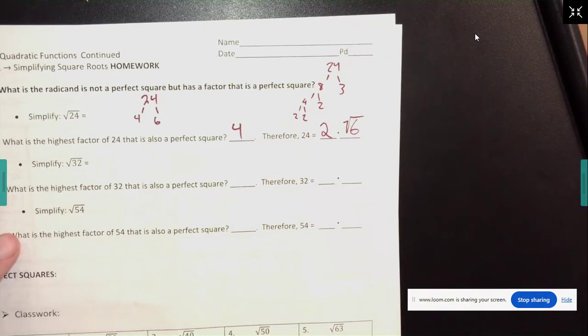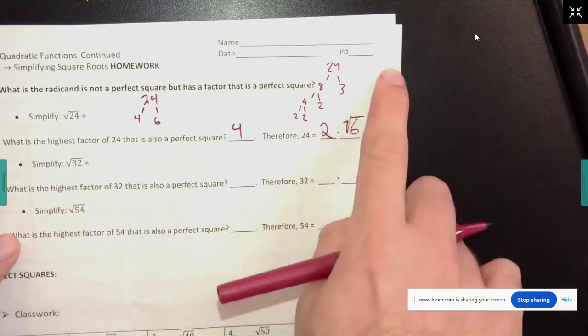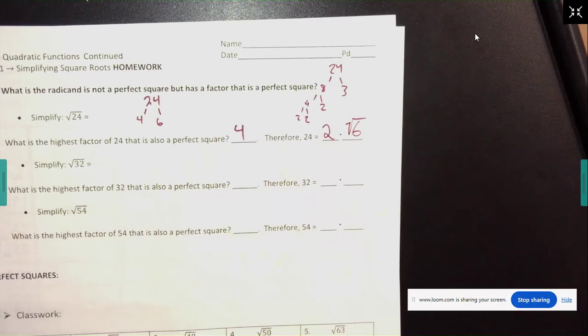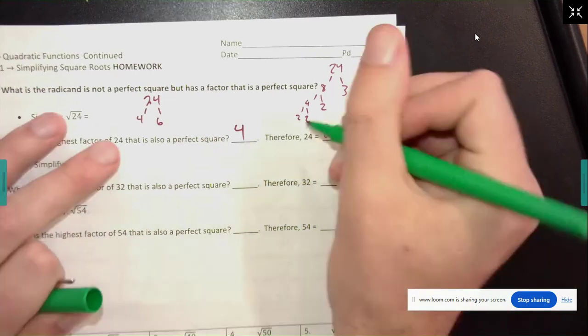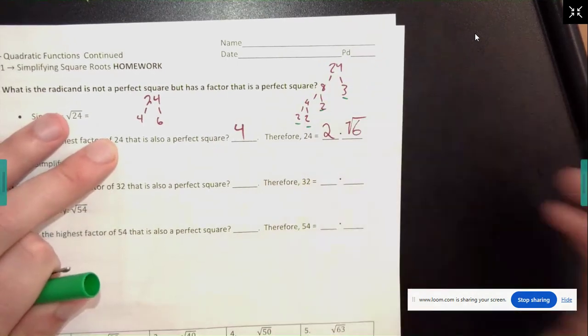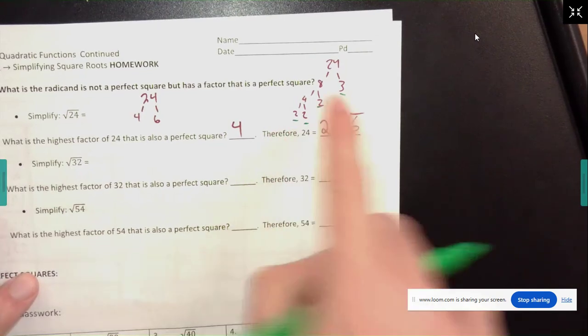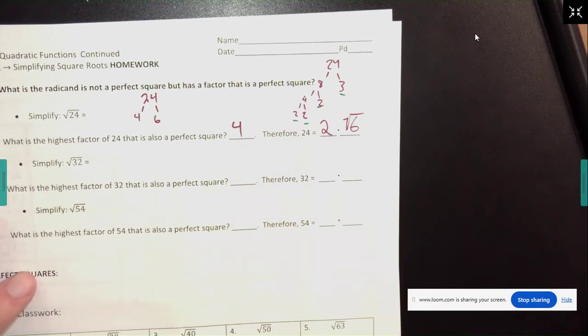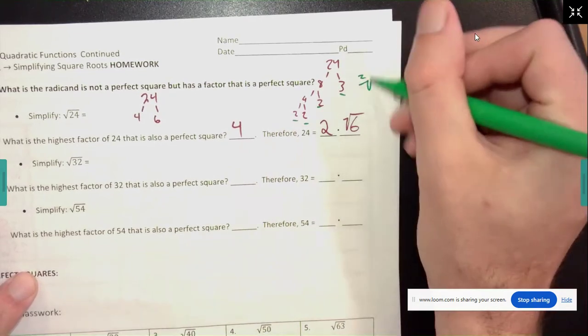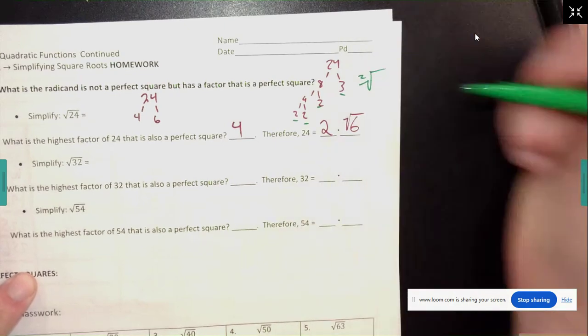Now, with square roots, let me grab a different color real quick. These right here are like the leaves. It's the absolute farthest I can go. All these numbers are prime numbers. So what I'm doing with a square root, we don't write it, but there's a 2 up there. That 2 is telling me I'm looking for pairs.